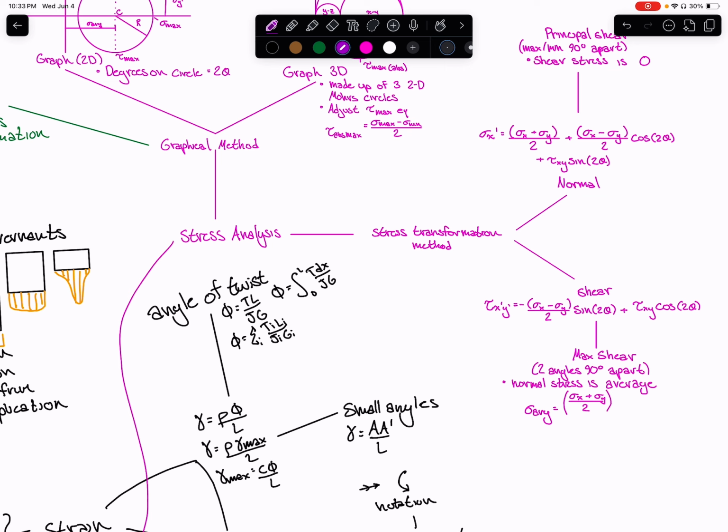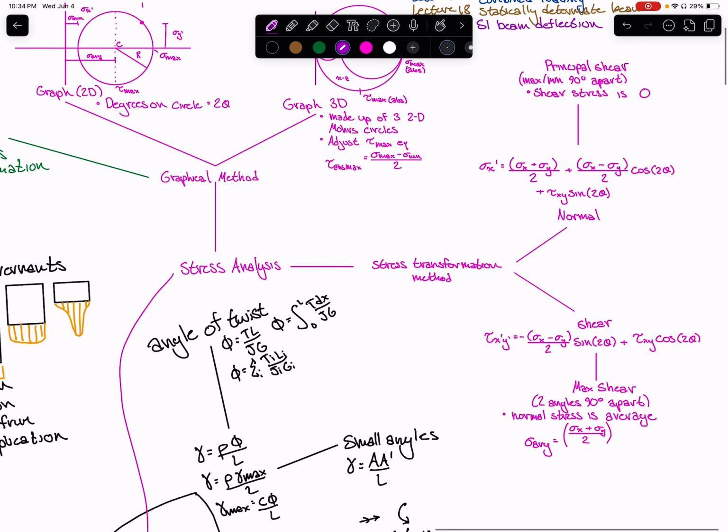So the stress transformation method splits up normal and shear stresses, using the original direction of the normal and shear stresses to solve for the normal and shear stresses at a plane at an angle to normal. So we start with the normal stress, and we have the normal stress equation above that.